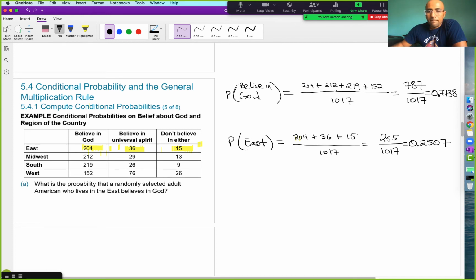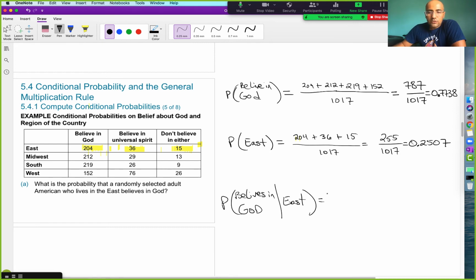Okay, finally we can get to this question. What's the probability that someone believes in God given that they live in the East? According to our rules, we can do this in a couple of ways.